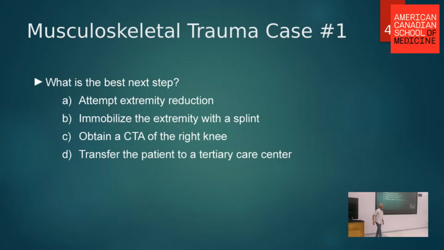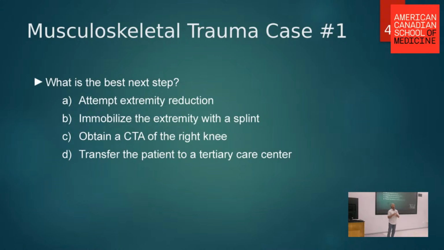Okay, so the CTA of the right knee, what's that going to tell us? It's going to tell us what the vascular integrity of that area is, right? Is there good arterial perfusion and circulation? But you already know clinically that there's compromise.